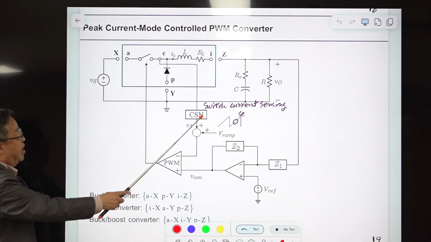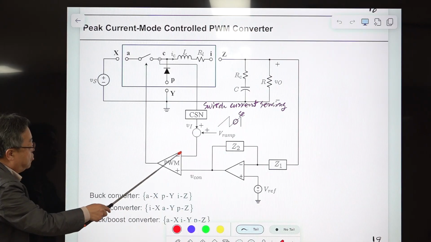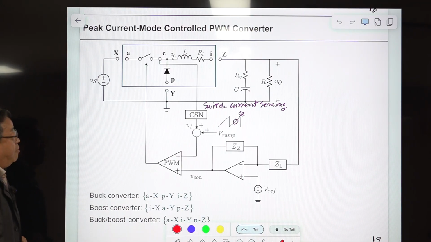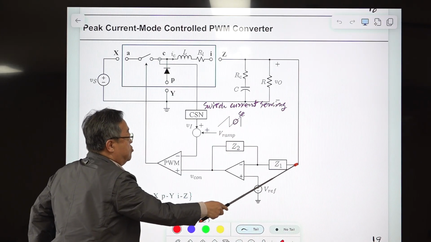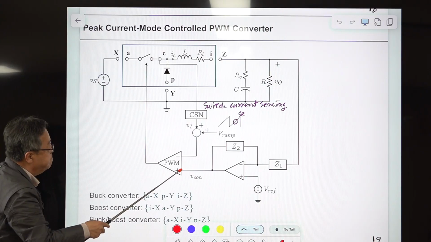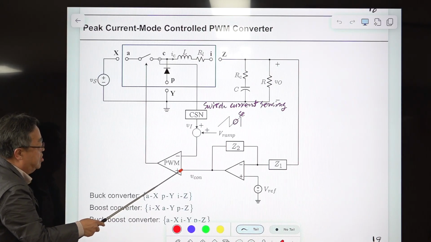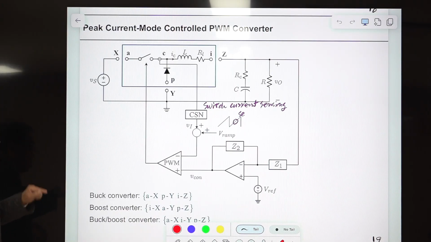V ramp and Se represent the slope of the ramp signal, and it is connected to the negative terminal of this PWM modulator, and the output of the voltage feedback circuit goes to the positive terminal of the PWM modulator, and it is labeled Vcon, meaning control voltage. Nothing is new here.